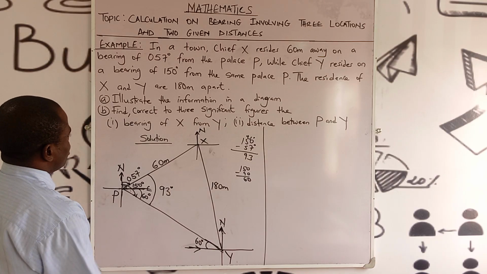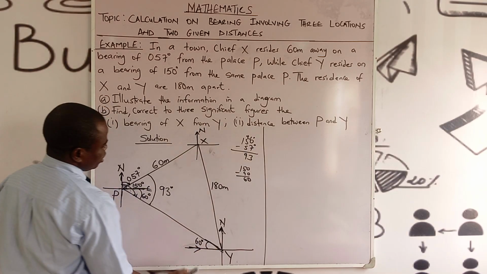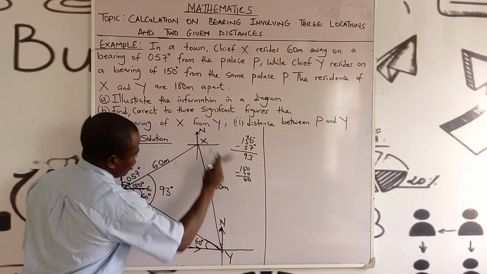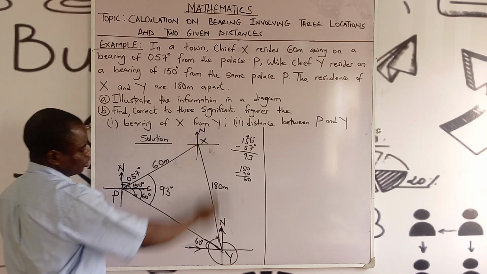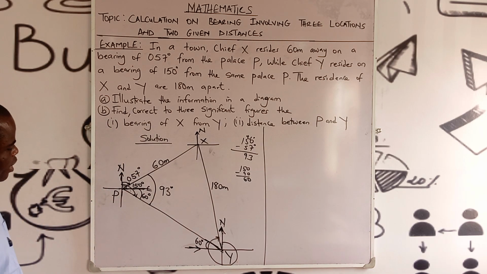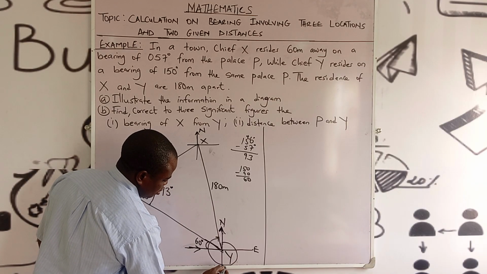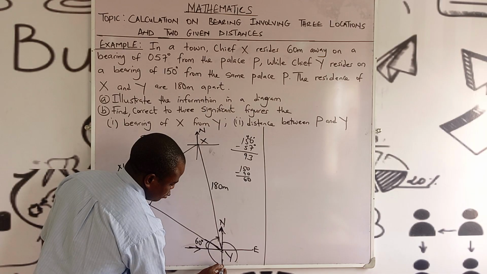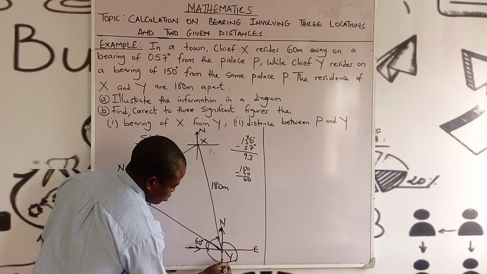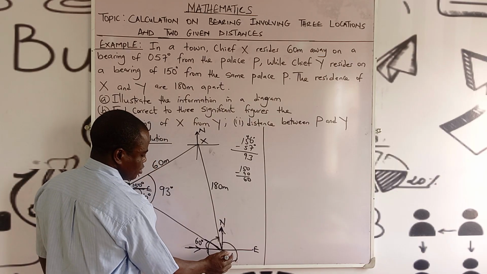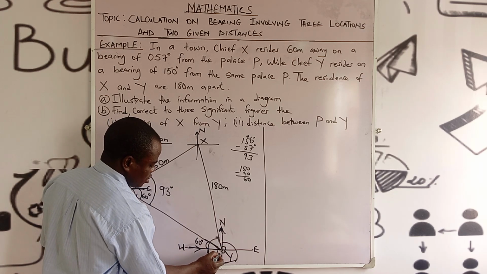We have to find the bearing of X from Y. It takes turning from the north to get to the line that goes to X. That is the bearing of X from Y. That means we know northeast is 90 degrees, southeast is 90 degrees, and southwest is also 90 degrees.